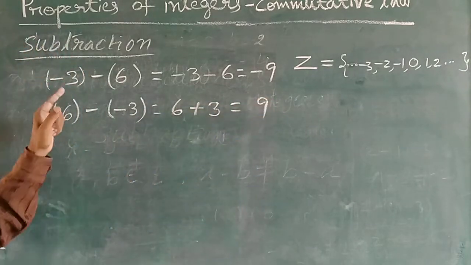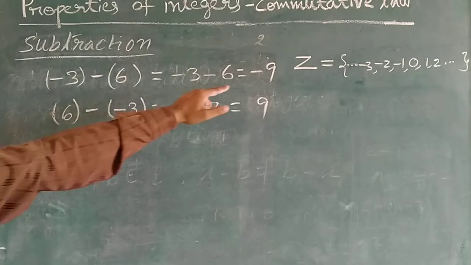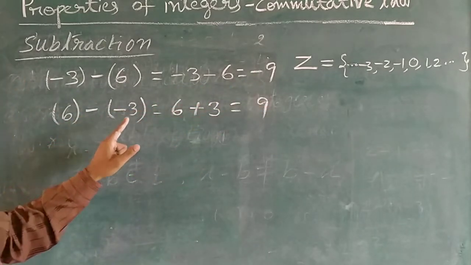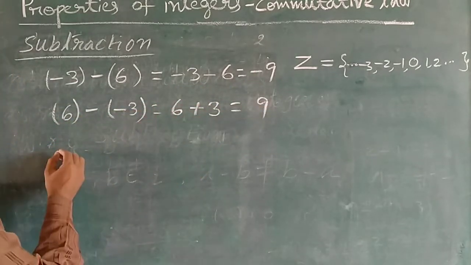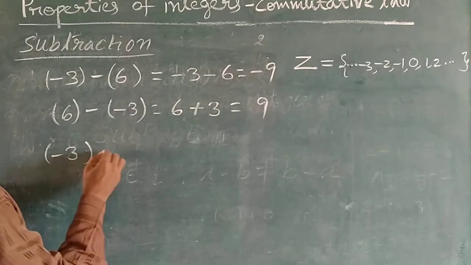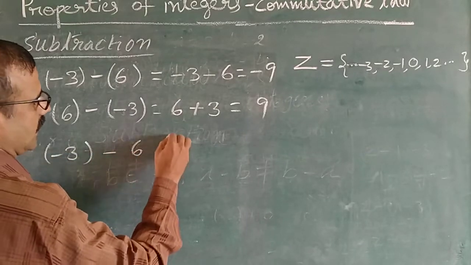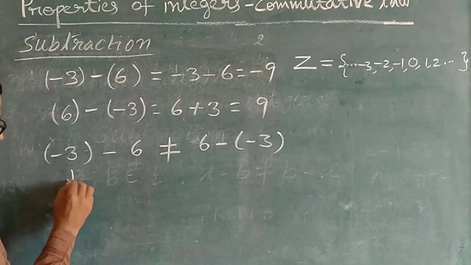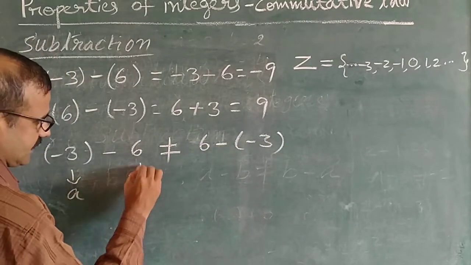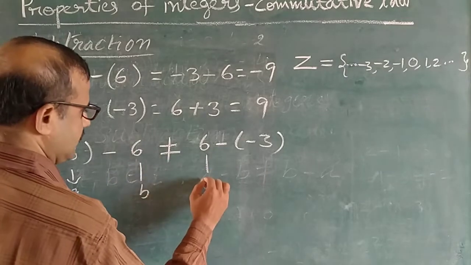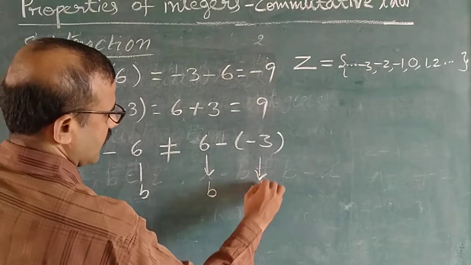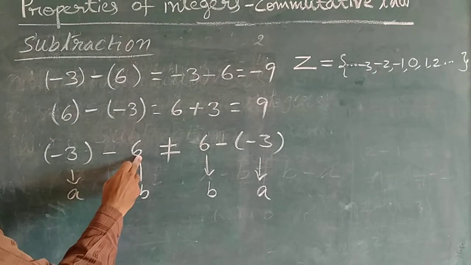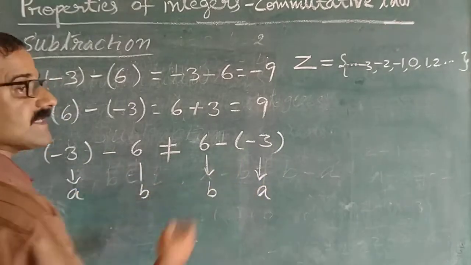What happens here? Minus 3 minus 6 equals minus 9. 6 minus minus 3 equals plus 9. So both are not equal. So minus 3 minus 6 is not equal to 6 minus minus 3. Here this is a, this is b, this is b, this is a. So a minus b is not equal to b minus a.